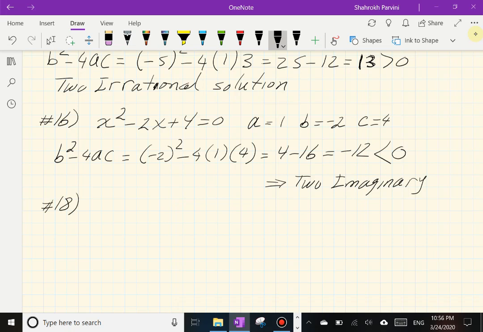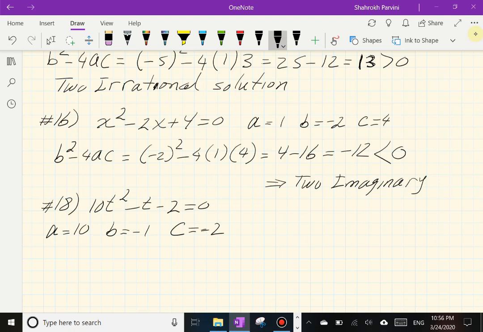Number 18. In number 18, the equation is 10t squared minus t minus 2 equals 0. And our ABCs are A is 10, B is negative 1, and C is negative 2.